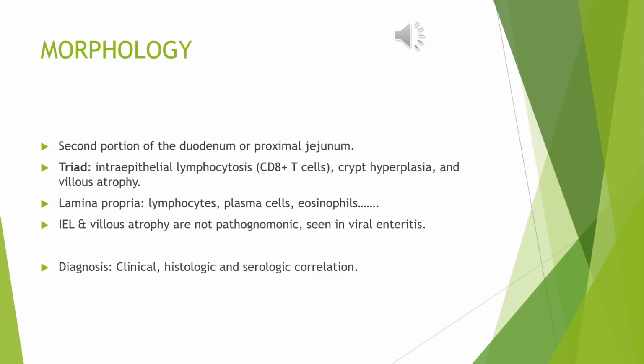The most important feature also is that when we place the patient on a gluten-free diet, the patient should respond and the symptoms should disappear. This is an important hint that this is celiac disease. So celiac disease diagnosis is a clinical, serologic, and histologic diagnosis.